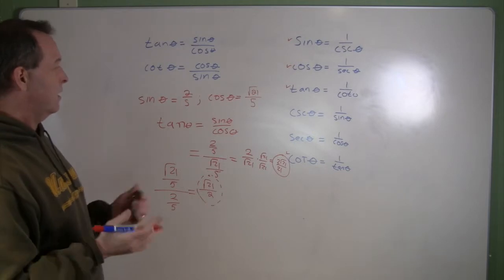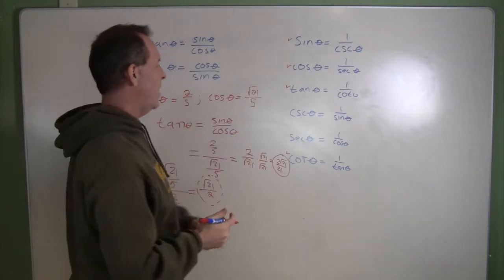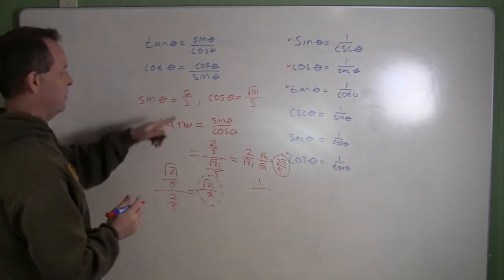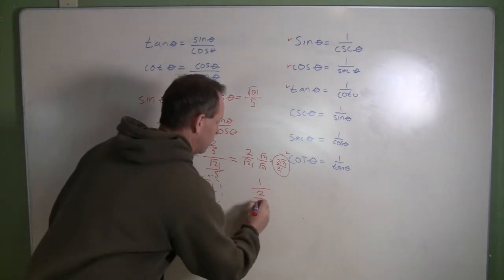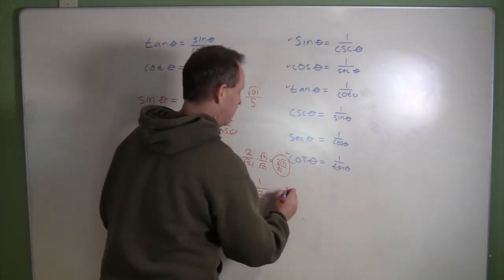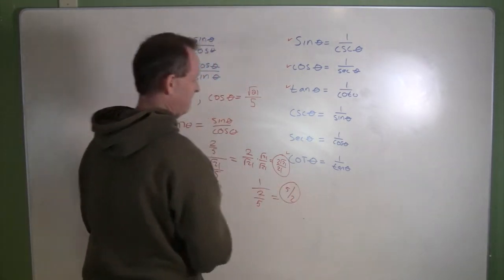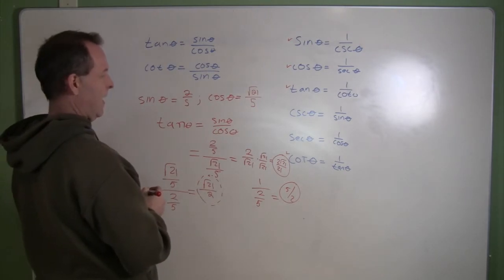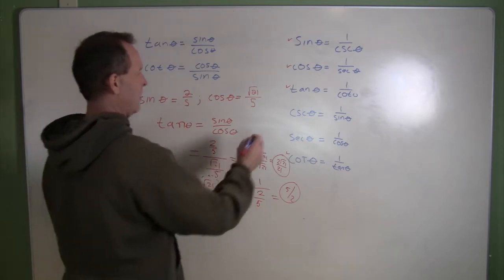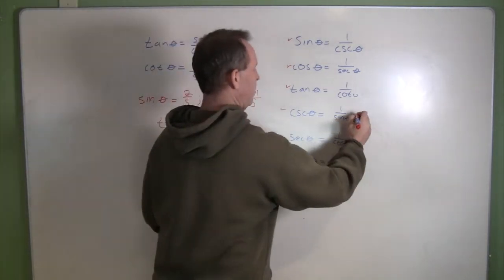And then cosecant. Cosecant is 1 over sine of theta, and sine of theta was 2/5. And so that becomes 5/2. So now I have cosecant, and let's put that over here, that's 5/2.